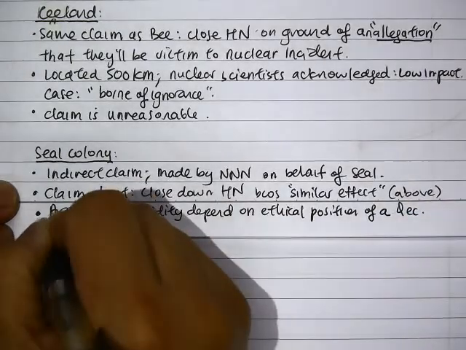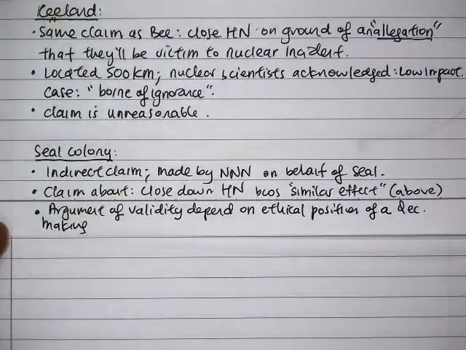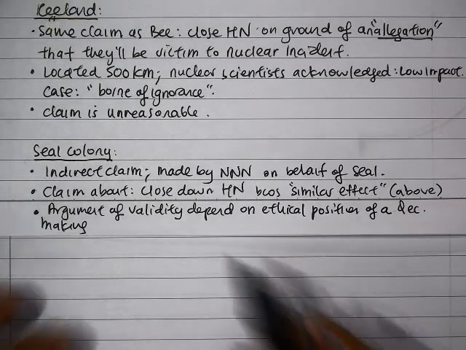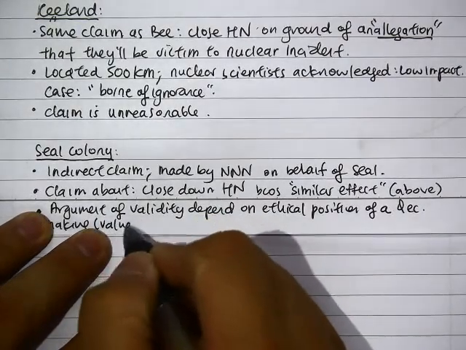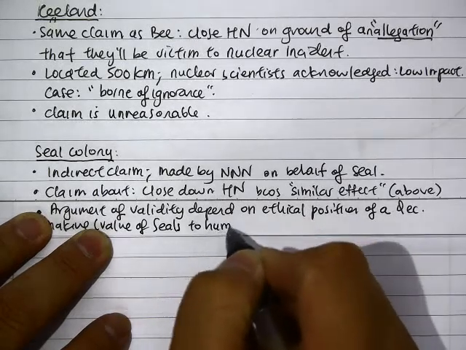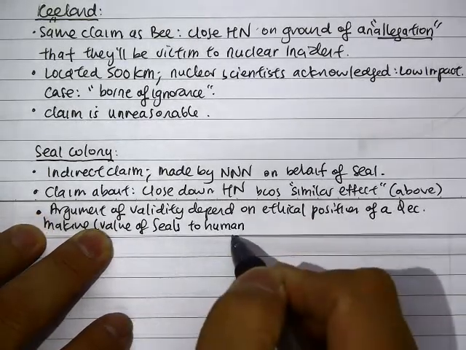You know? So in this case, when you want to argue whether this is valid or not, the argument of the validity depend on the ethical position of a decision maker.